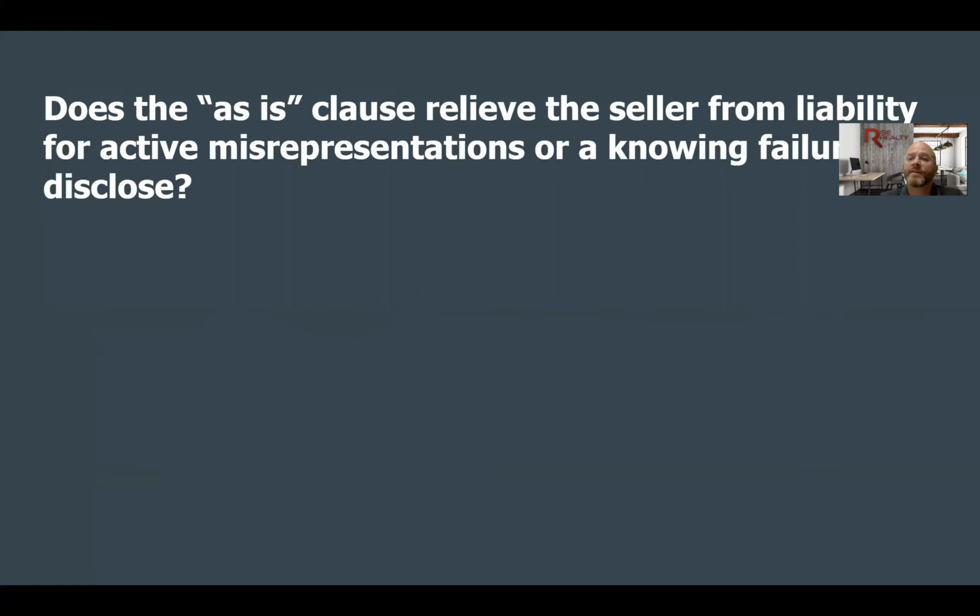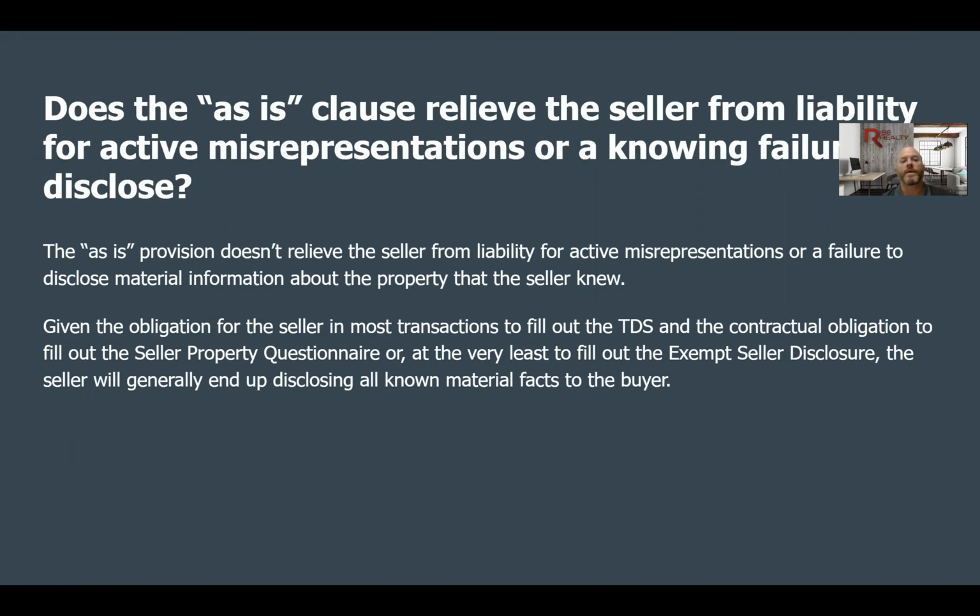Does it relieve the seller from liability for active misrepresentations or knowingly failing to disclose? The as-is provision doesn't relieve the seller from any liability for active misrepresentations or a failure to disclose material information about the property.